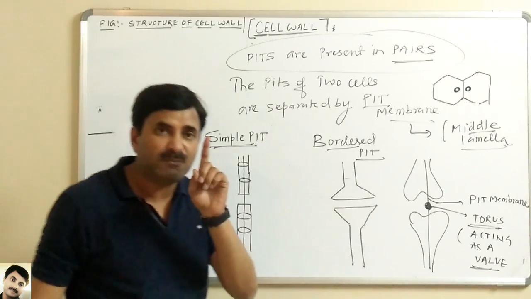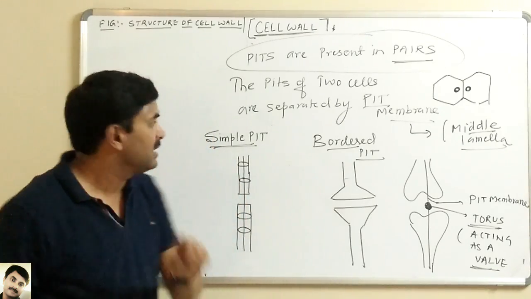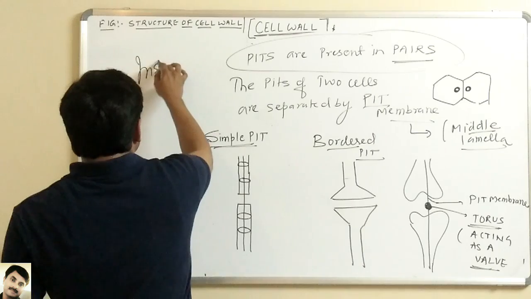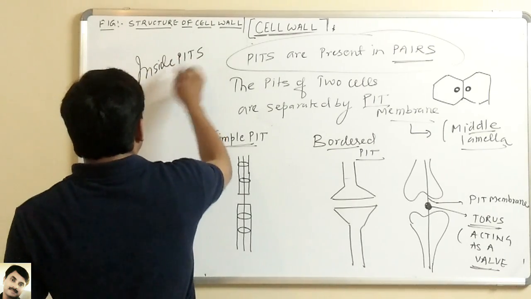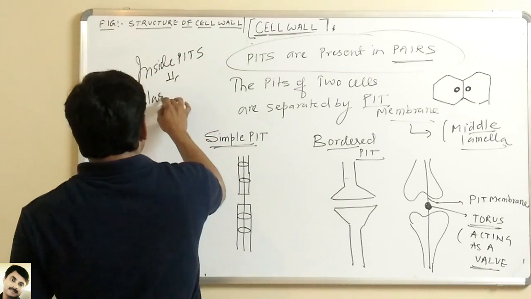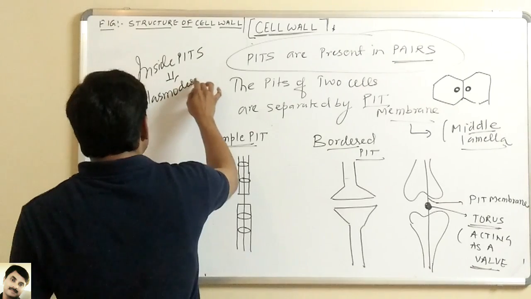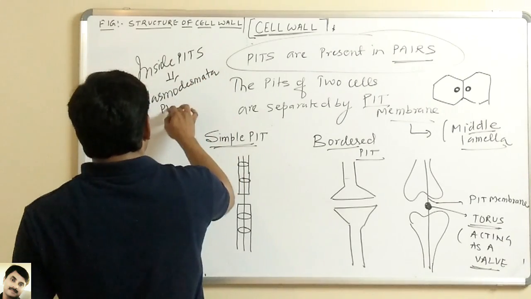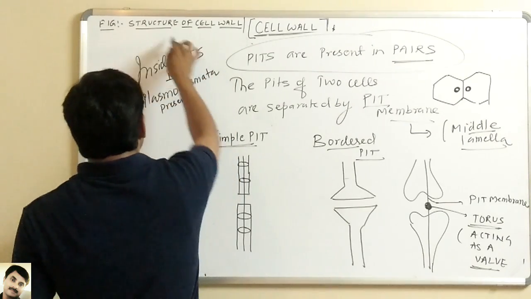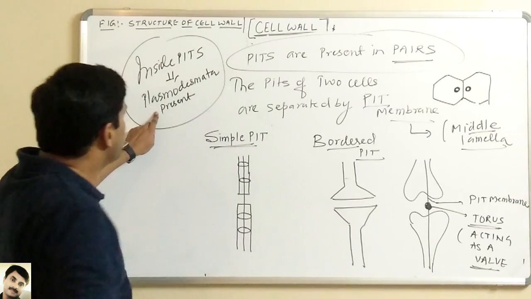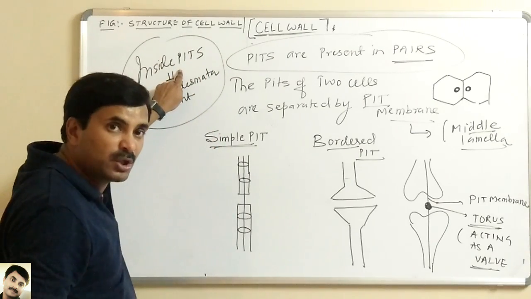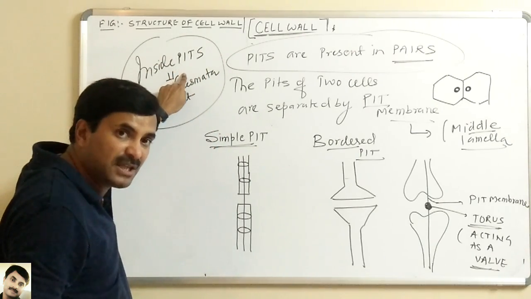One most important thing must be noticed here: inside pits, what are present? Plasmodesmata are present, very very important. Due to these plasmodesmata present in the pits, the two cells are in contact with each other.